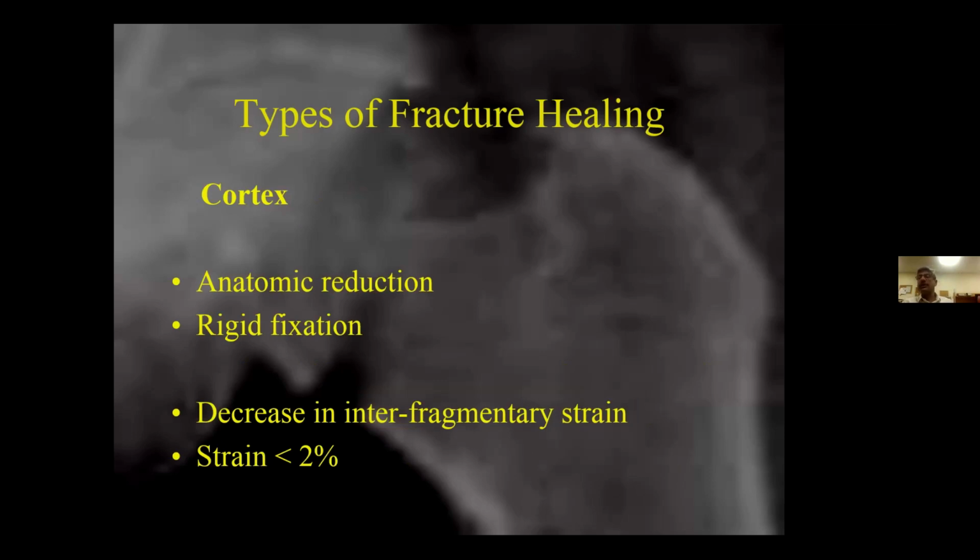So again, repeating it in a manner which should come out from your mouths, not mine, is when the cortex contributes to primary healing, the circumstances which allow it would be anatomical reduction, rigid fixation, a decrease in the interfragmentary strain to less than 2%.